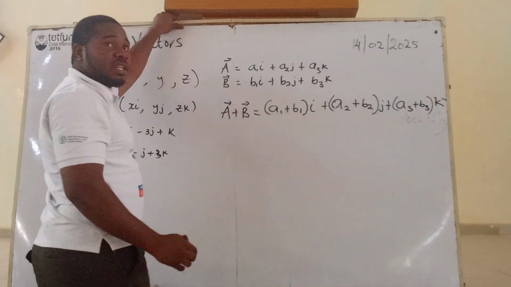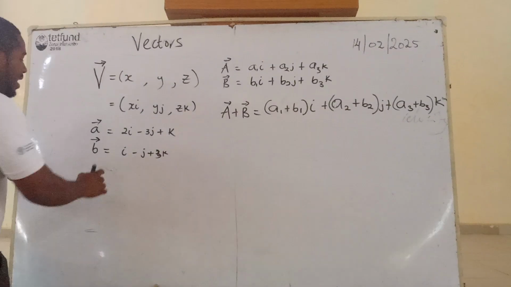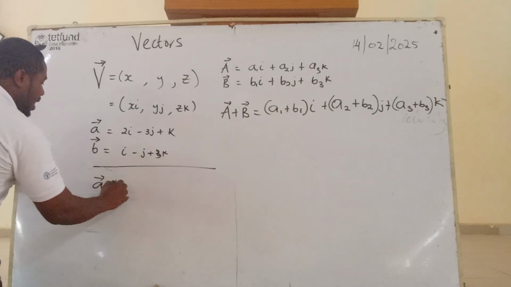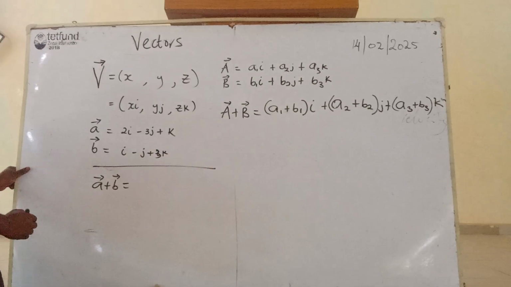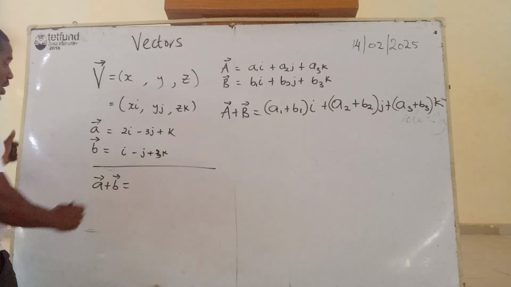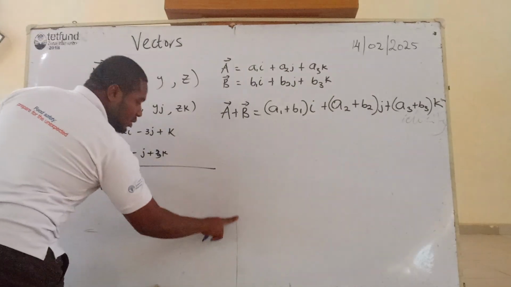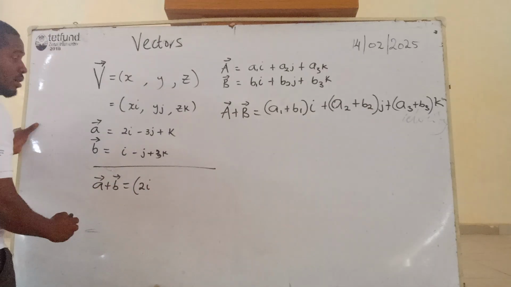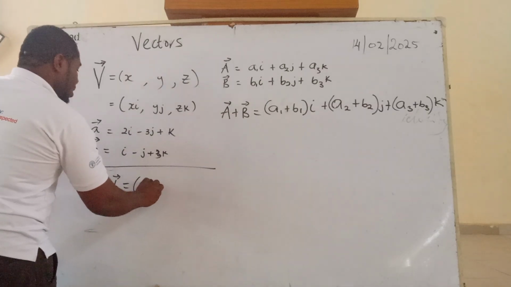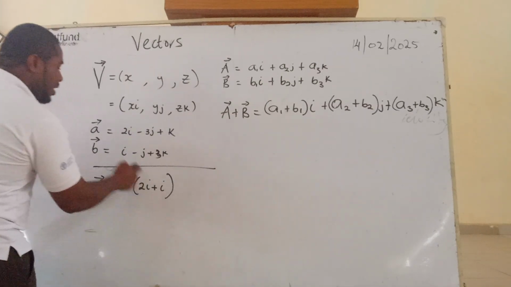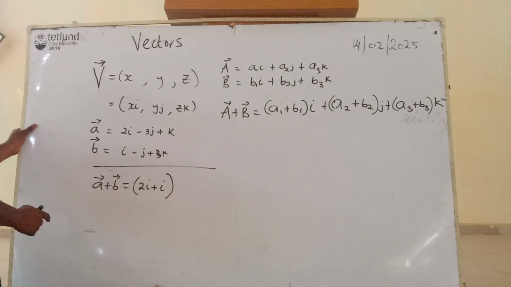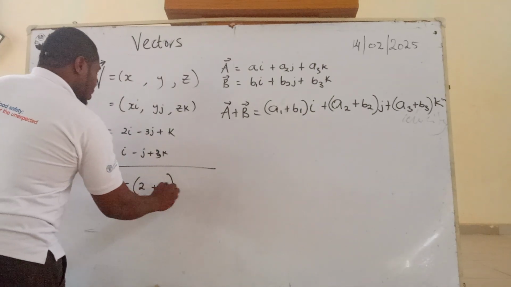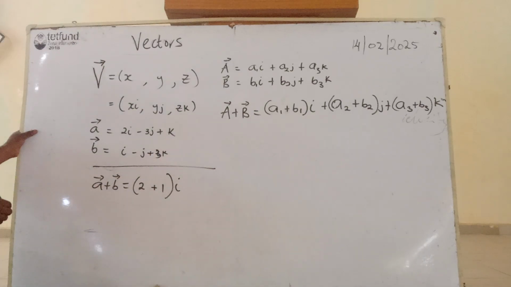So for instance, in this example, if I add these two vectors together, what am I going to get? I'm going to get 2i plus this i over here. Are we together? This is for the i component.